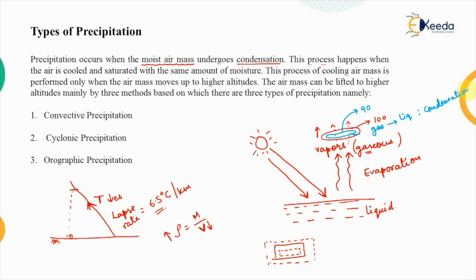During this condensation process, the vapor blanket gets converted into a cloud, and when this cloud is lifted to a higher altitude, it drops down the extra vapors, which were already present in the form of water vapors, as liquid. These liquid droplets fall onto the earth surface in different forms.